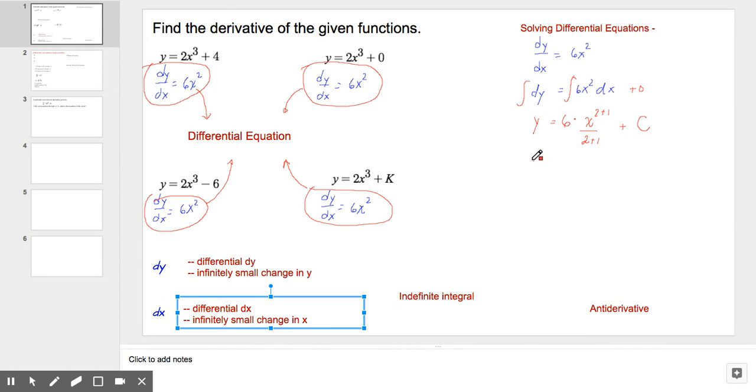Okay, so to simplify, we'll have here y is equal to 6 times x cubed all over 3 plus c. And so we'll have here y is equal to 6 divided by 3, which is 2, x cubed plus c. This is the antiderivative of dy.